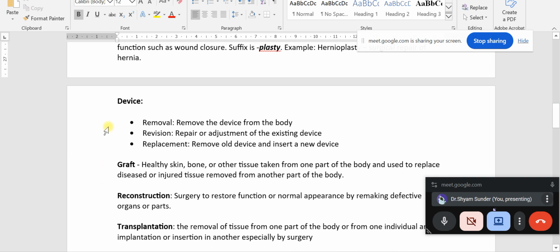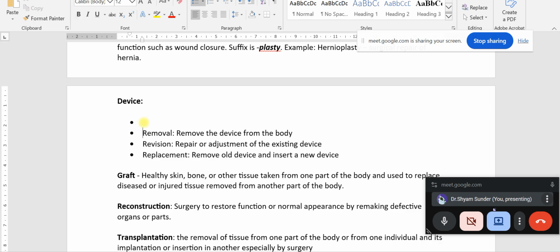So device. What do you mean by device? Any foreign material that is put inside, it can be catheter. So whenever we refer to the device or implant or catheter, whatever, three procedures come into picture. One is removal. So we can add placement.